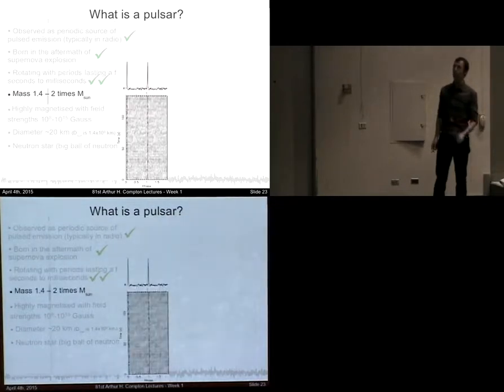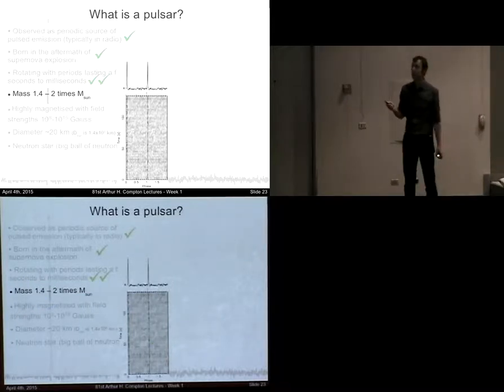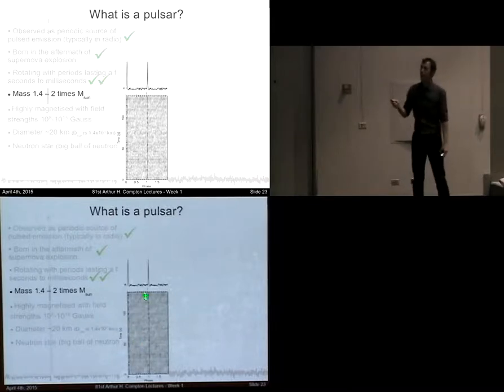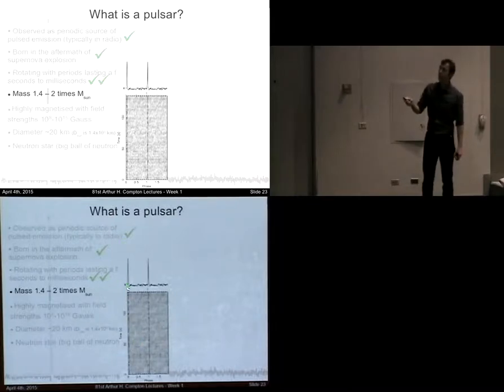Now, how about the mass? How is it that we know that we're dealing with something 1.4 solar masses to 2 solar masses? What I've plotted here is a radio pulsar, and it's plotted twice just for easy viewing. So you can see the first pulse and then they've repeated it again. What I'm showing in this plot is essentially that pulse every time.